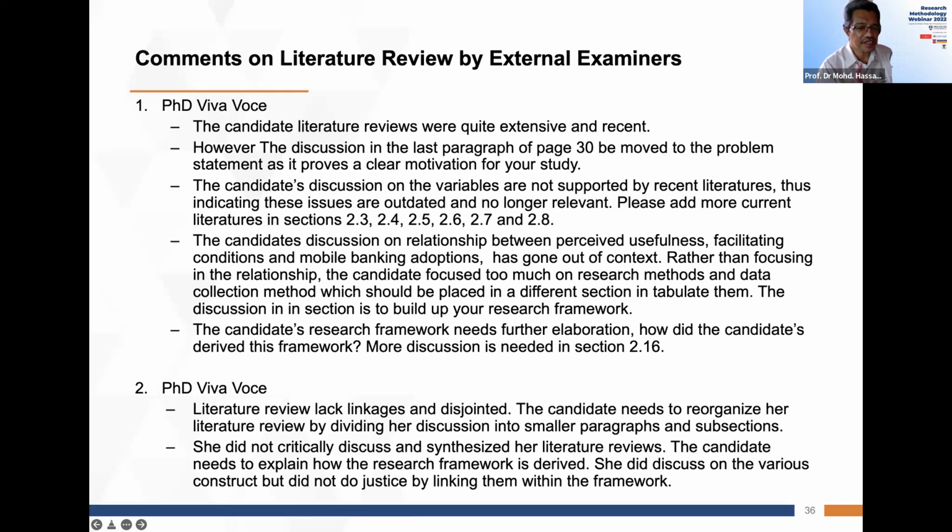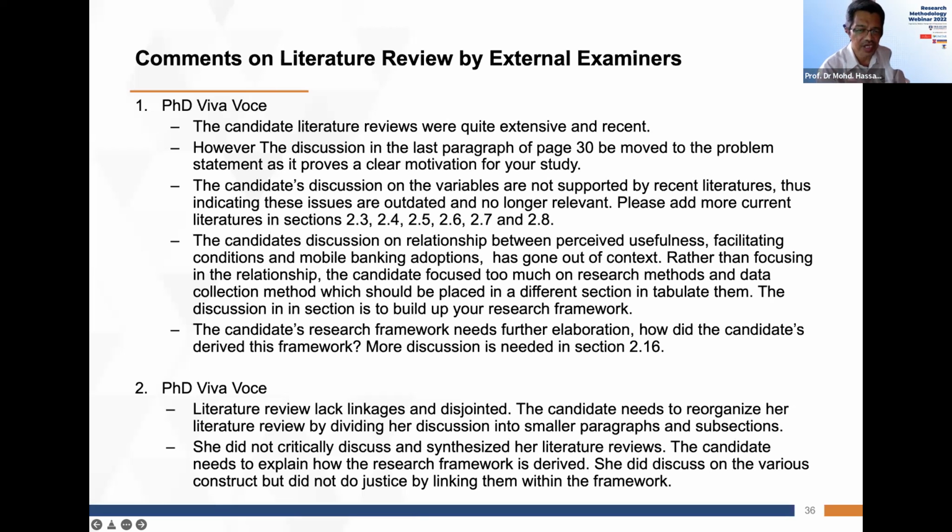And then the candidate's discussion on the relationship between perceived usefulness, facilitating cognition, and mobile banking adoption has gone out of context, in the sense that rather than focusing on the relationship, the candidate focused too much on research method and data collection method.